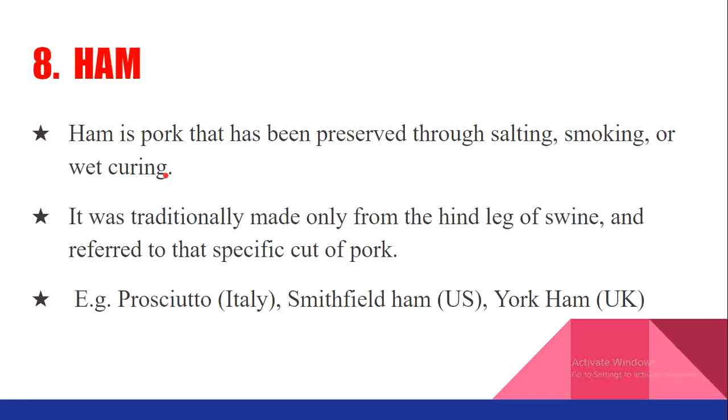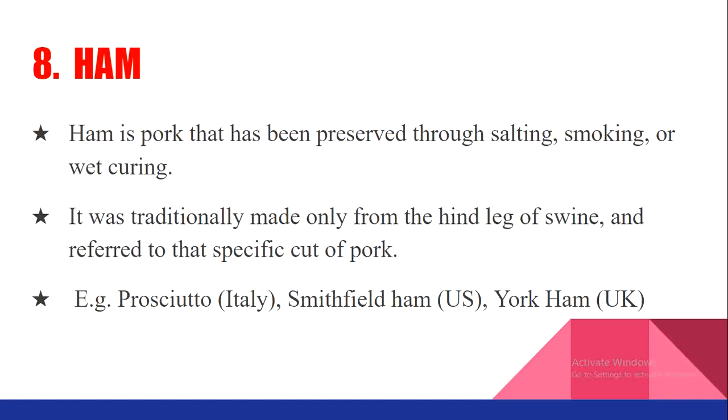Next one is ham. As we all know, ham is basically a pork product which is preserved through salting, smoking, or wet curing. And the important thing is that it is actually prepared from the hind leg of swine, and sometimes the specific cut is even called ham. So remember, ham is a cured pork product taken from the hind leg of swine.